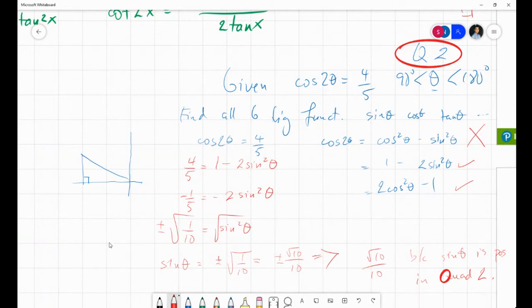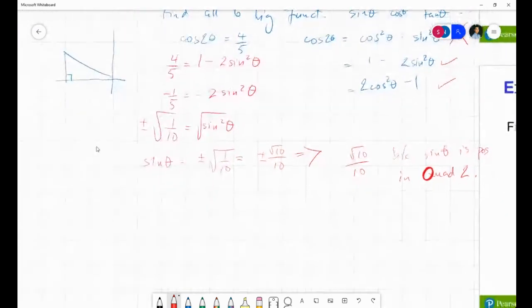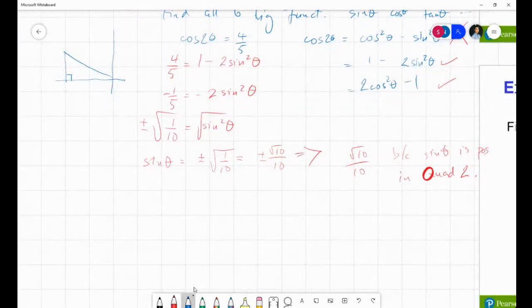So we're going to do the same thing to find cosine. So I'll let you guys do that. I know that cosine of 2 theta equals 2 cosine square theta minus 1. So I'm going to substitute the 4/5 in because that's what it equals.